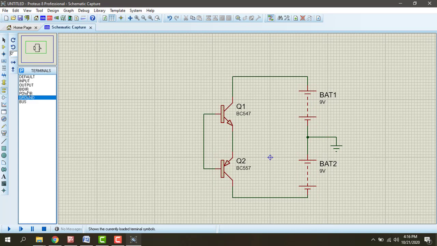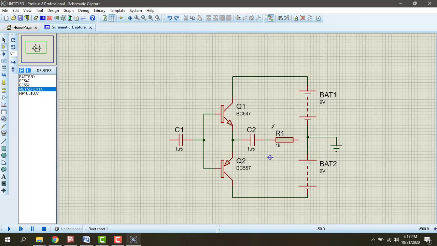Then we have input and output coupling capacitors. I have one load resistance, and the other end should be connected to ground. Okay, so this is the input. So I am going to measure the voltage across this 1 kilo ohm load resistance.